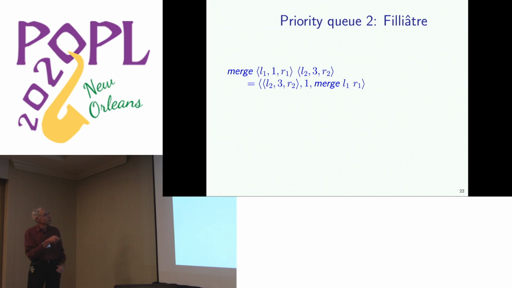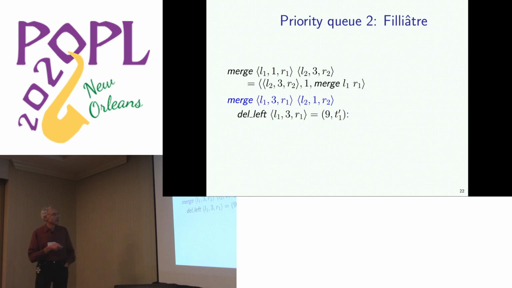If you merge two trees, and on the left tree, the one that's supposedly bigger, you have the smaller element, then you just pull it out to make it the root, and then you merge the subtrees over here and you swap. But on the other hand, you run into a problem if you're trying to merge these two trees, because now if you pull the one out, this tree here, which is part of the right part of a Braun tree, will get, if you're unlucky, two fewer elements than this one, so you're no longer a Braun tree. And so you can't do it the way you've done it here.